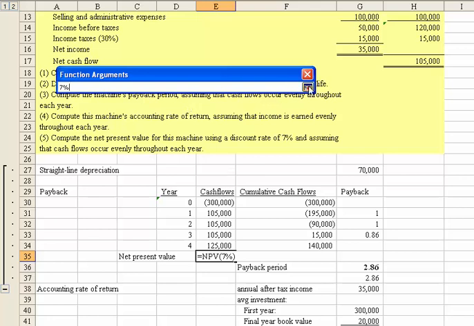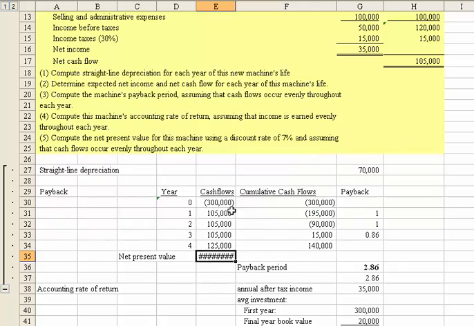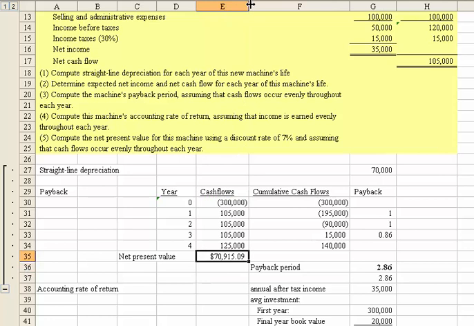Okay? And then the values would be at the end of years 1 through 4, right? But to compute net present value, we still need to assume that we have to back out, or add in, if you will, add in a negative, the cash flow from the first year. Okay, let's widen this column a little bit.